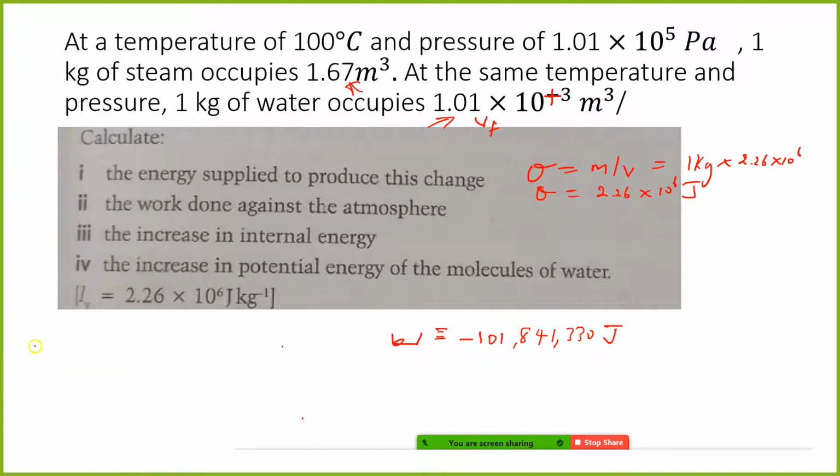So, change in internal energy is equal to Q, which is the heat supplied, plus the work, right? So let's go ahead and put in the values that we know. We know that the heat supplied is 2.26 times 10 to the 6 joules minus this amount.